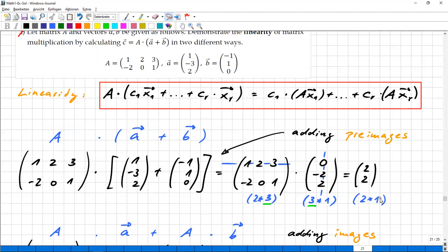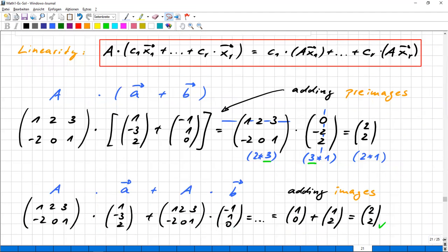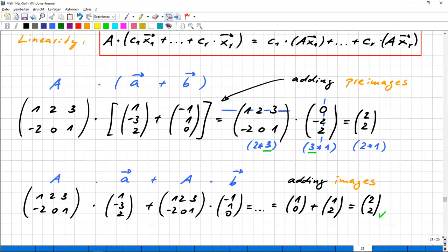I used the vertex principle. And now I do the same differently, by adding the images. So this time I apply my matrix to vector A first and then separately to vector B. And only afterwards I add the images. Okay, so this row times first column: 1 times 1 plus 2 times minus 3 plus 3 times 2, which is 1 minus 6 plus 6. So it's equal to 1.